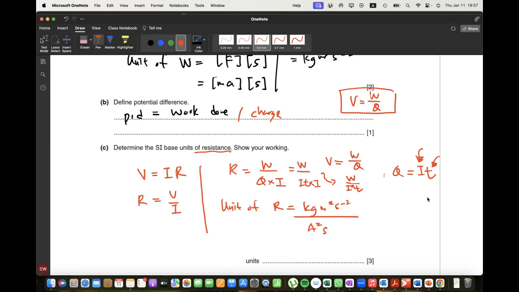Okay. So can you simplify this? Okay. So we have kg m square A minus 2 S minus 3. Correct or not?